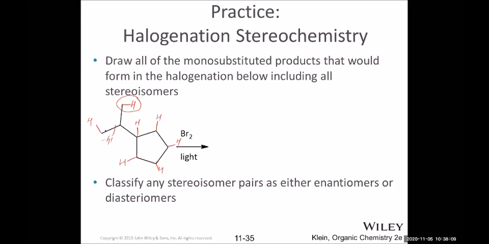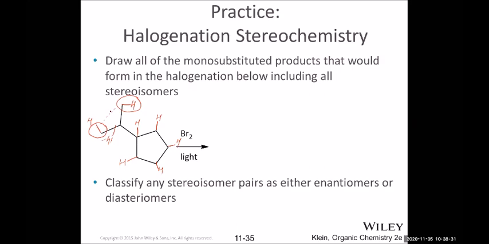This will give you a monohalogenated alkane, but the halogen here should be the same as the halogen here because of the quickly, freely rotating structure. But let's just count this one, keeping in mind these two are almost identical.